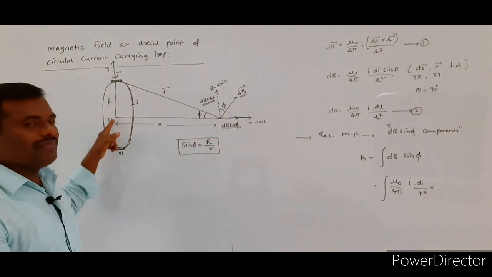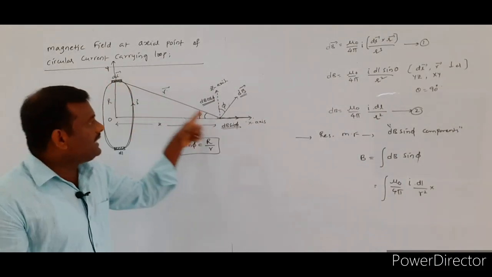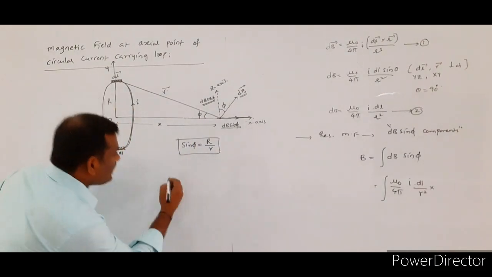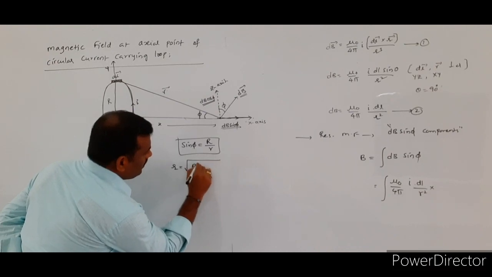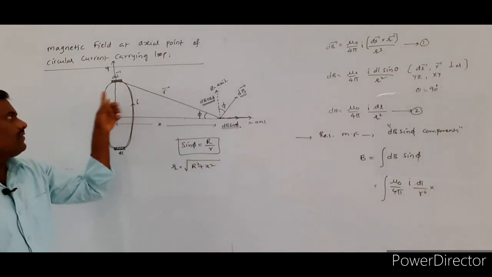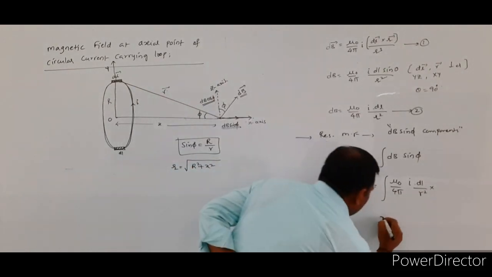Capital R is nothing but the radius, and the small r is indicating the length of the hypotenuse. That small r value is also equal to under root of R square plus x square. Now substitute this value here.